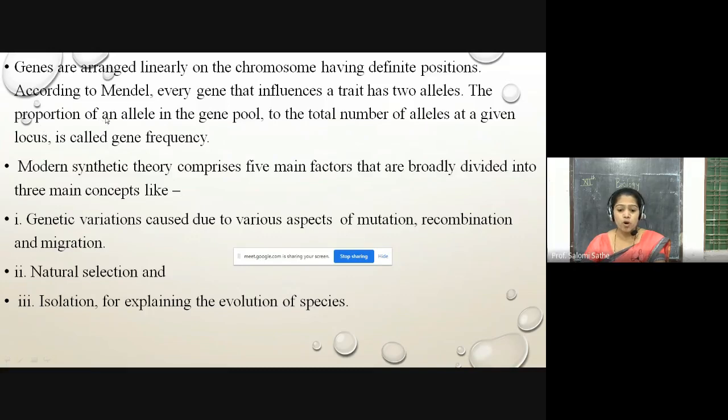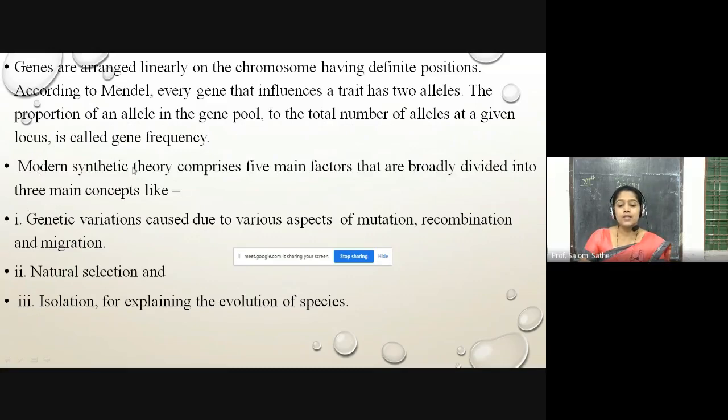The proportion of an allele in the gene pool to the total number of alleles at a given locus is called gene frequency. Gene frequency is important. It will be asked as a 1 mark question: define gene frequency.